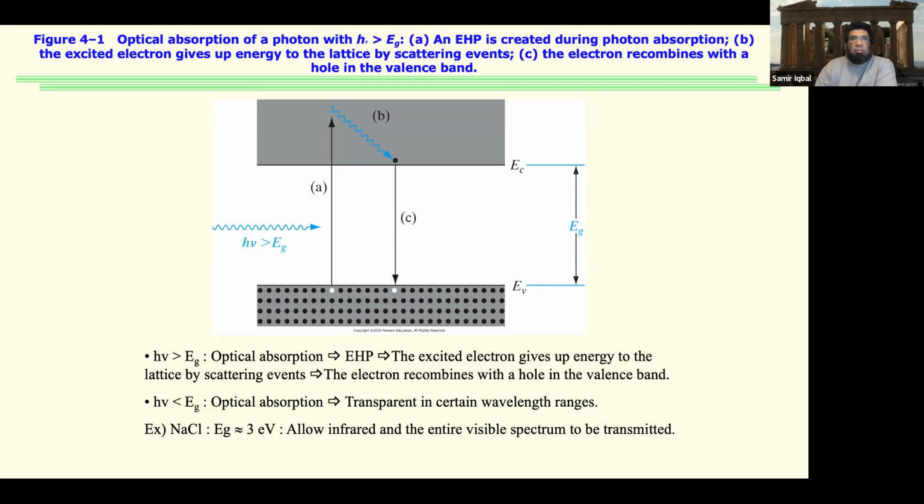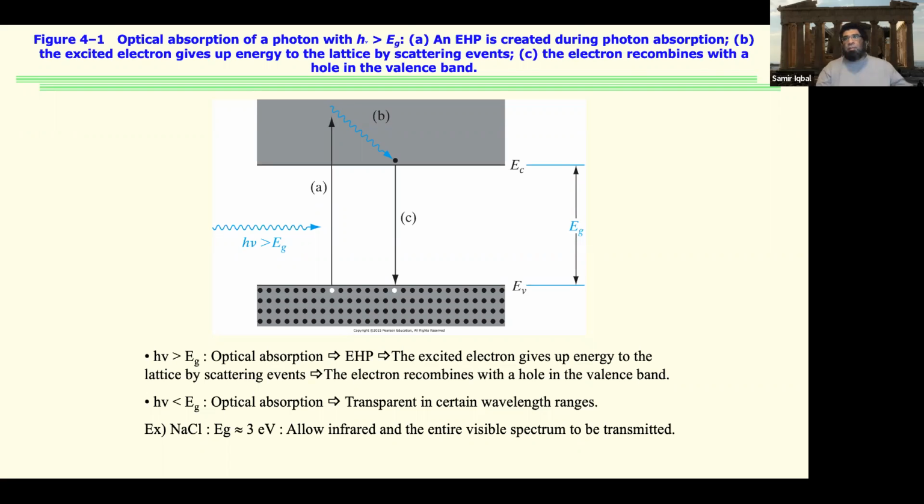Many times we deal with optical semiconductor materials and we want to design them to do something only when they are exposed to specific wavelengths. But we also use this kind of system to find out the band gap of an unknown material.